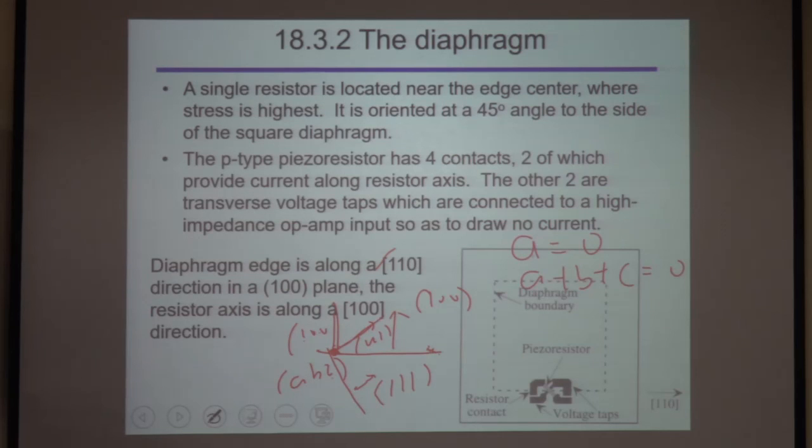With A equal to 0, B plus C equals 0, so B equals minus C. You can assign any value to B, so if B is 1, C is minus 1. So this is the 0, 1, minus 1 family. That's why this is the 110 direction.